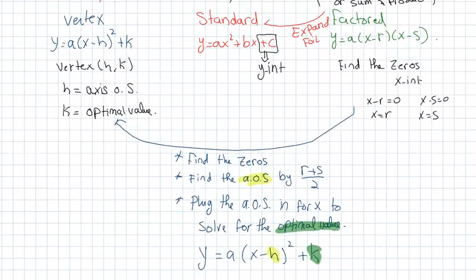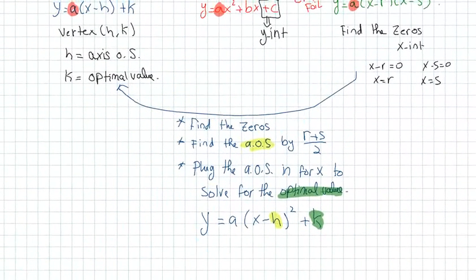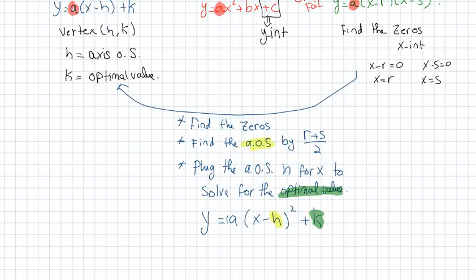So the value of a here is the same as the value of a here and here, if we're talking about the same function, obviously. So when I go from factor to vertex by doing these steps, the value of a is going to be the same as the value of a that I had earlier with the factors. Do we understand that?